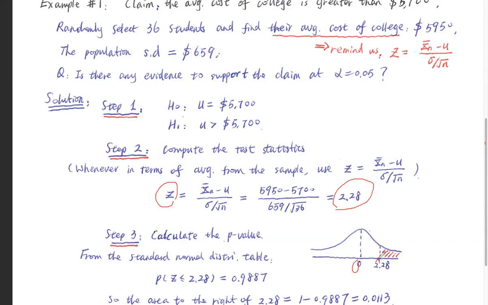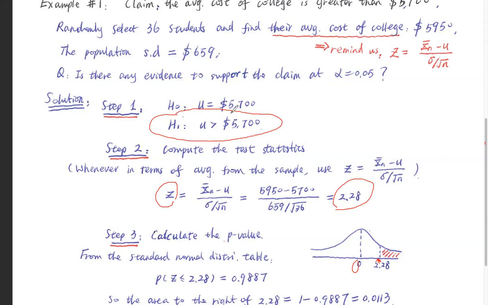So where does the p-value come from? The p-value is determined by H1. H1 tells us mu is greater than 5,700.